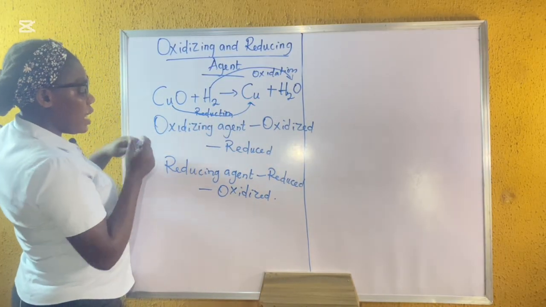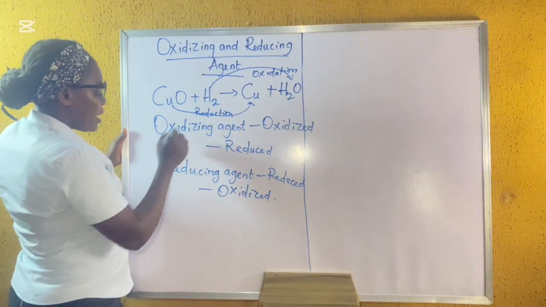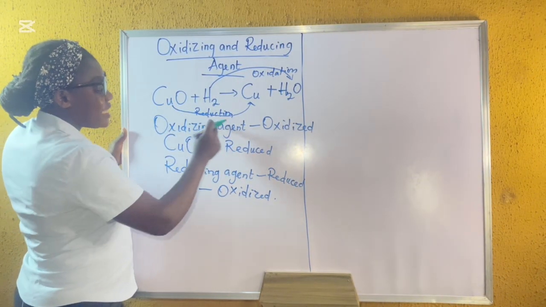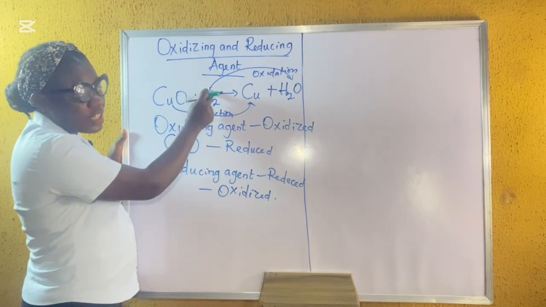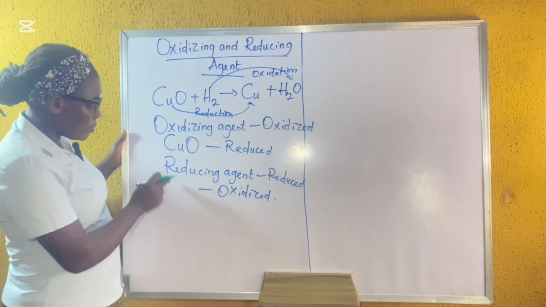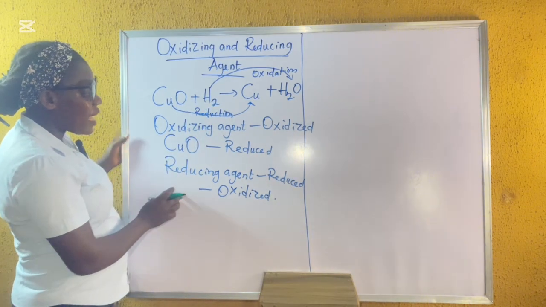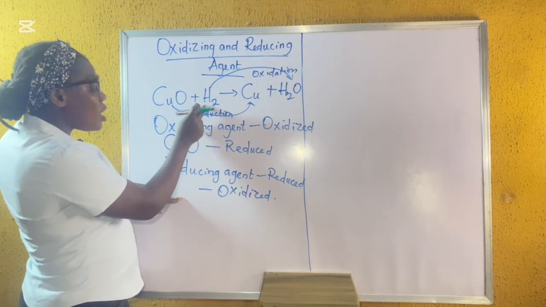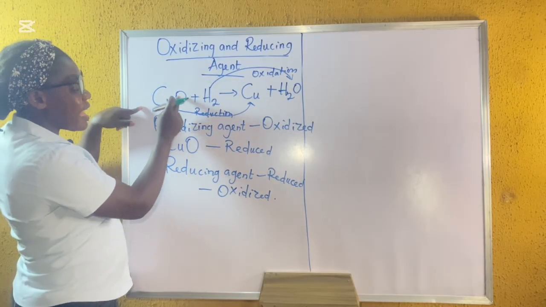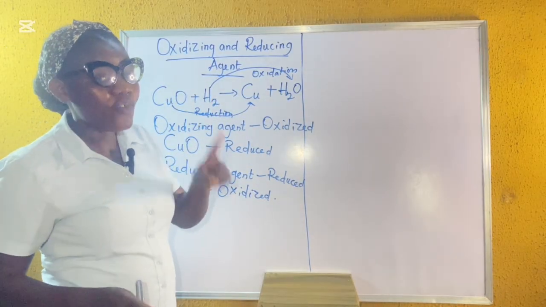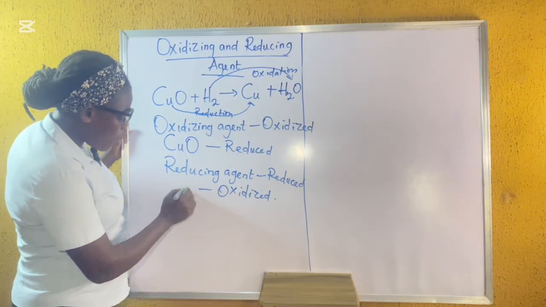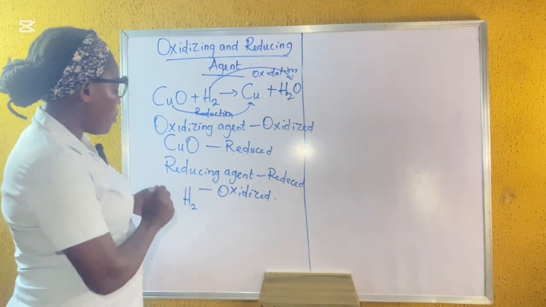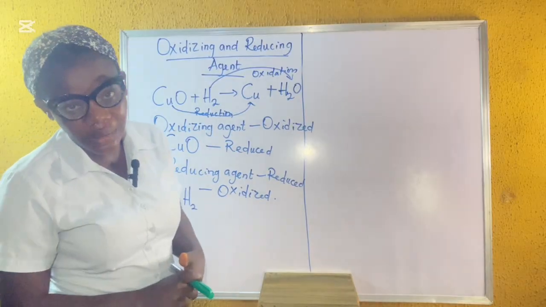So our oxidizing agent is CuO. It is the one that is reduced and allowed oxidation to take place. Now H2. H2 is the one that is oxidized, and it is the one that allowed reduction because it accepted the oxygen from CuO. So H2 is our reducing agent.